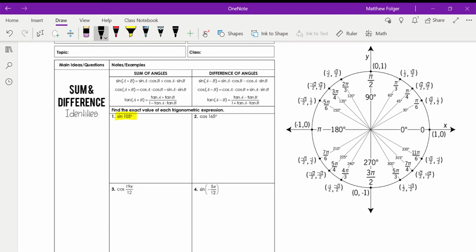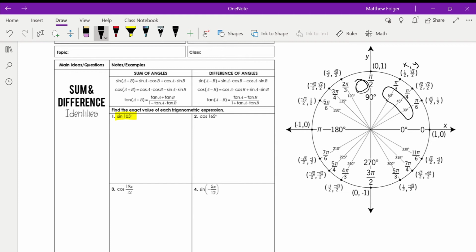On this unit circle, we know we can find the values of 30, 45, and 60. We know the sine is the y value and the cos is the x value, and we can also find any multiple of those in the other quadrants. Unfortunately, for this first problem, if I want to find sine of 105, there is no value for that on the unit circle. So we need to use the other ones to find it.